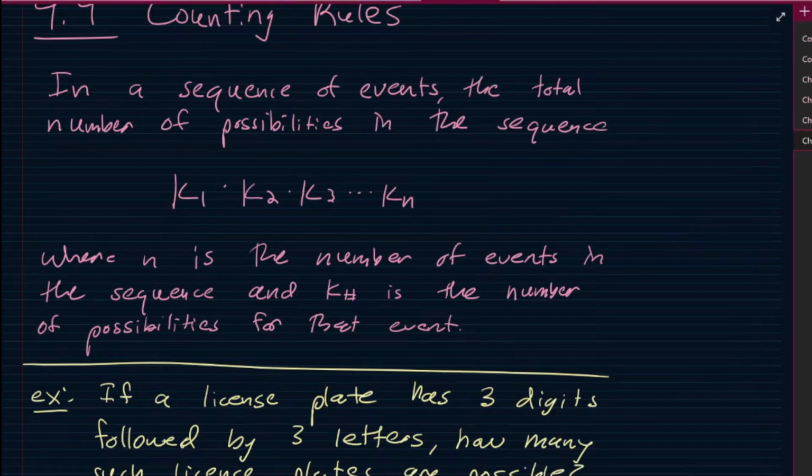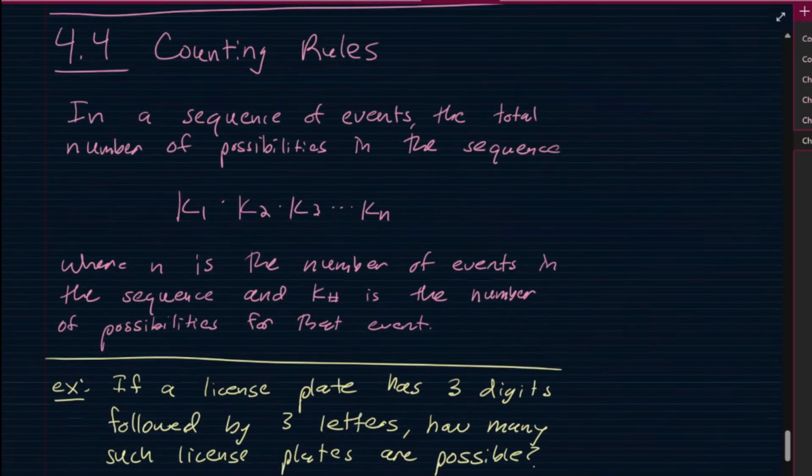That's why these are called counting rules, because we're trying to count the number of ways that something can happen.